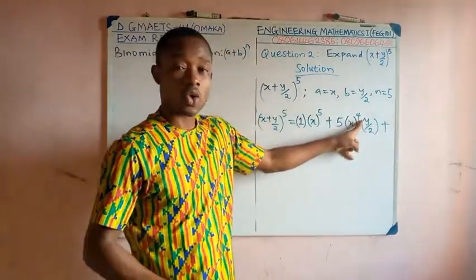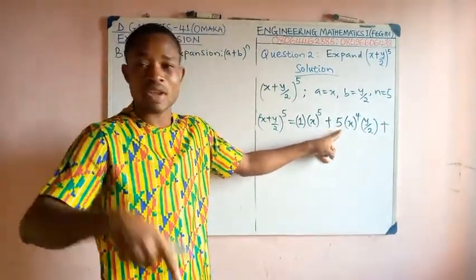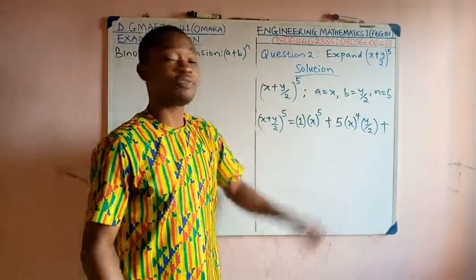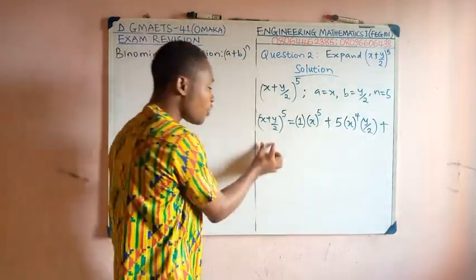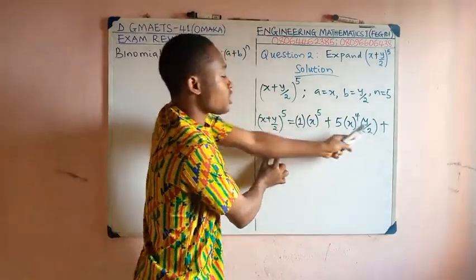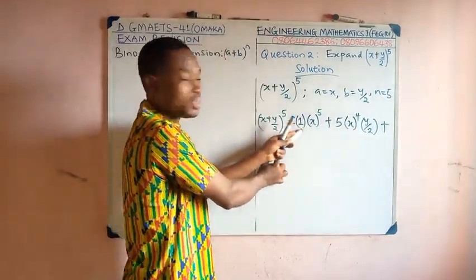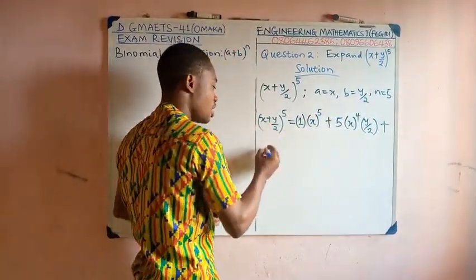Here the power of a is 4, times the coefficient of that term, the n minus 1 term. So 4 times 5 is going to give us 20, divided by the number of terms before this new one you want to obtain. Before this third term, I already have 2 terms, this one and this one. So 4 times 5, 20 divided by 2, 10. So the coefficient is 10.